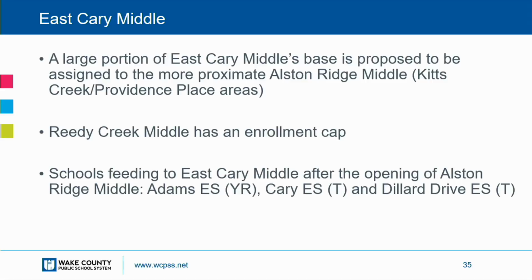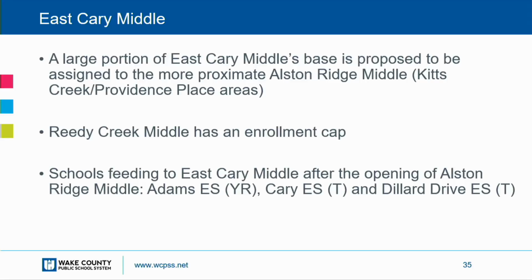So in opening Alston Ridge Middle School, you have a large number of base students no longer assigned to East Cary. East Cary, as you know, as a multi-track year-round school, was already underutilized, relying heavily on transfer applications to fill the school.